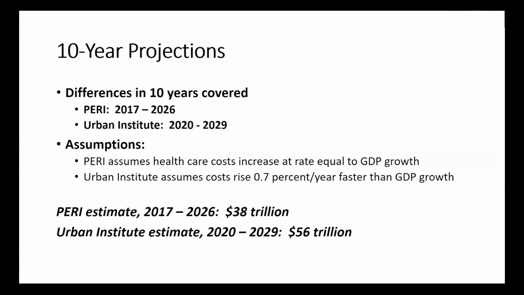The Urban Institute says that we are going to keep rising at 0.7% above growth in GDP. So there's standard estimates, which have become the ones that get referred to, New York Times, Paul Krugman, the respectable numbers. I think they're extraordinarily high. They're not justified in the literature, but there they are.